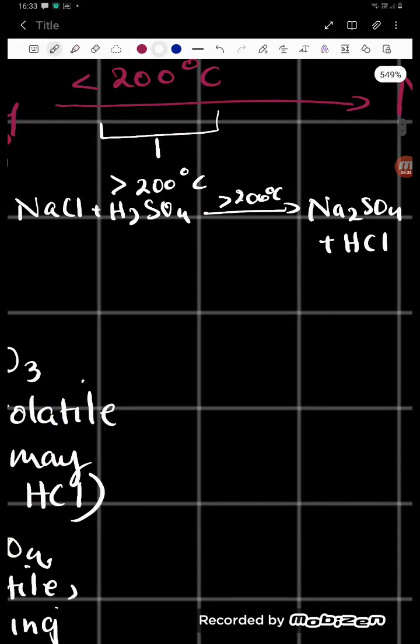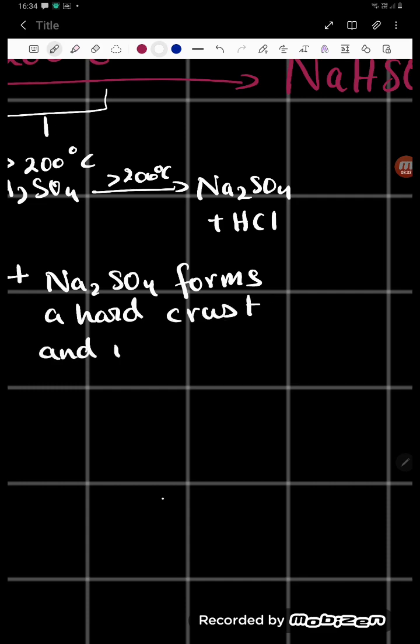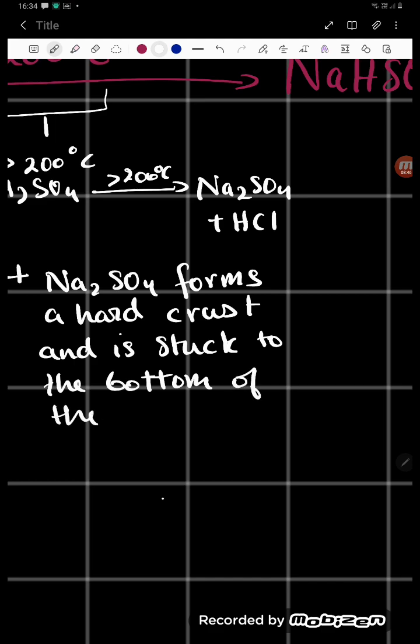One of them being that Na2SO4 forms a hard crust and is stuck to the bottom of the test tube, which is hard to remove.